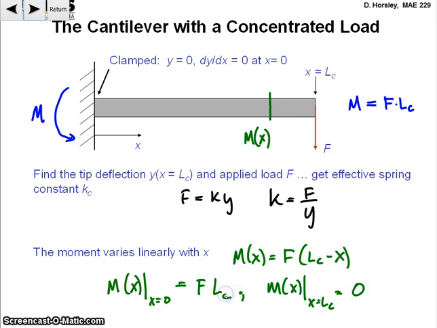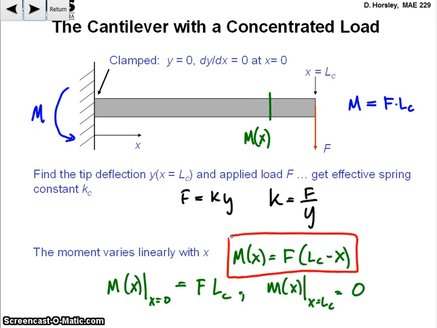We know the bending moment at the base is the force times the length of the cantilever, and clearly if we make this distance infinitesimally small, if we cut right at the force here, then the bending moment should be equal to 0 because the force is acting at 0 lever arm. So this is the equation for the bending moment at any point x.